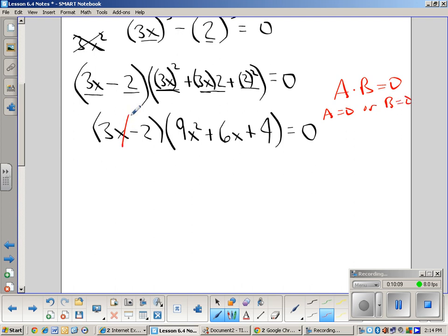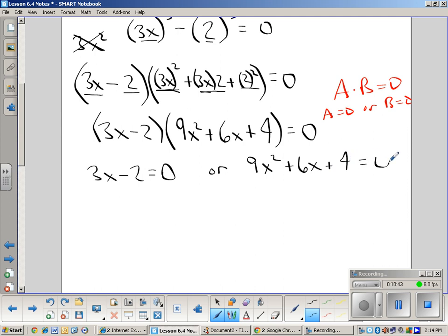Well, this is my A, and this is my B. Parentheses group all that together, and I have something simple like A times B. So the only way that this statement can be true is if 3x minus 2 equals 0, or 9x squared plus 6x plus 4 equals 0.